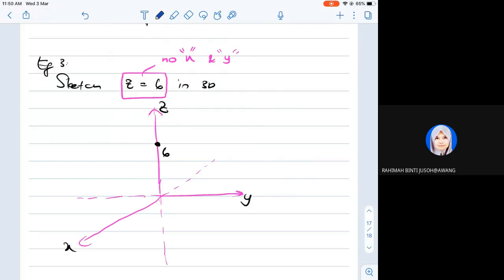Along Y axis, dia adalah menegak lah kan macam ni. And then dia parallel along X axis. Paksi X pula, dia macam ni. So dah siap tulang dia tu, what you should do next? Buatlah keliling dia. So that's the plane. Boleh faham?